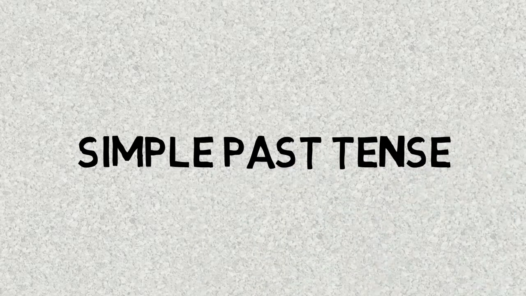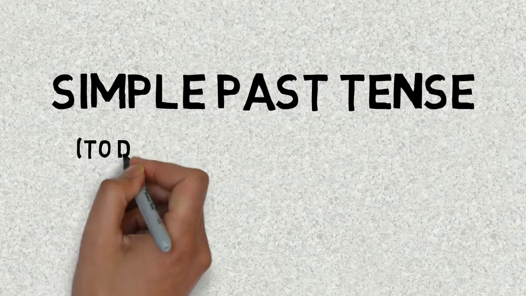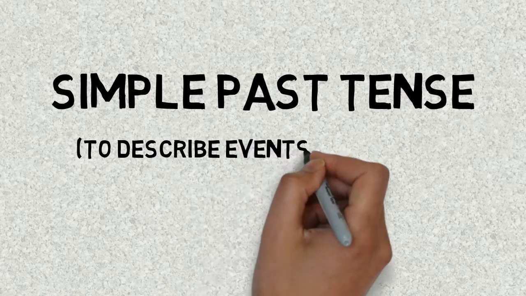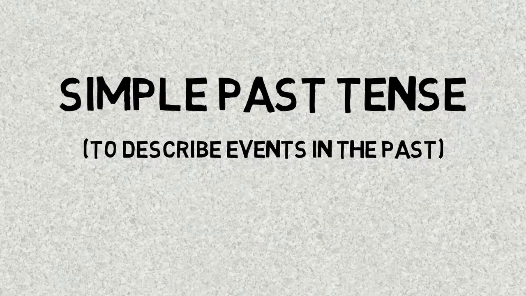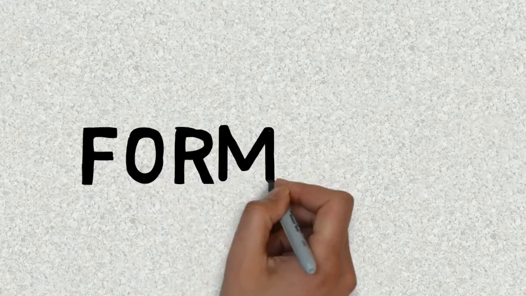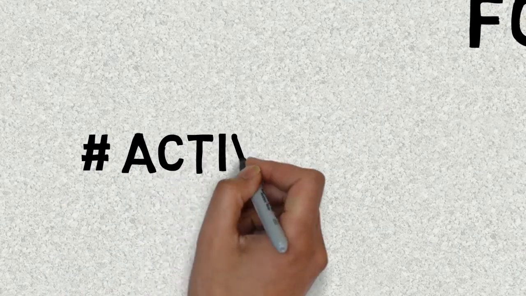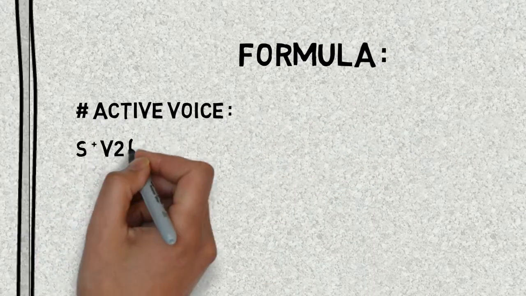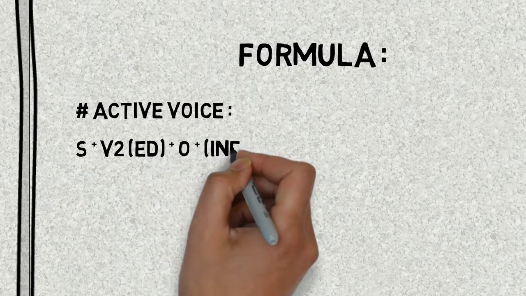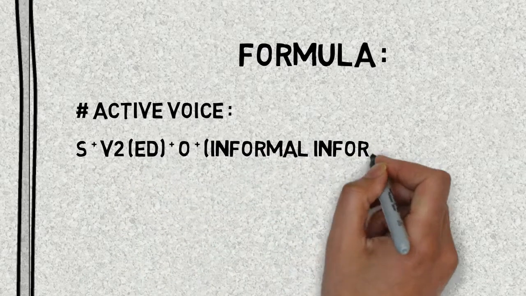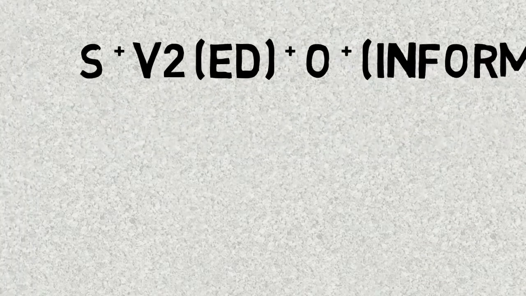Simple past tense is used to describe an event in the past. The formula for the simple past tense in the active voice is subject plus verb 2 or ed plus object plus informal information.